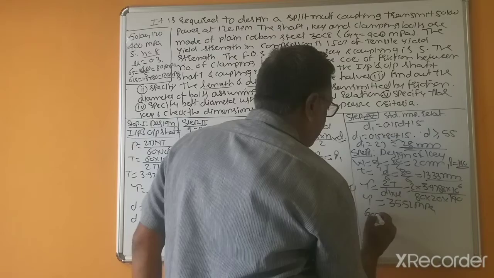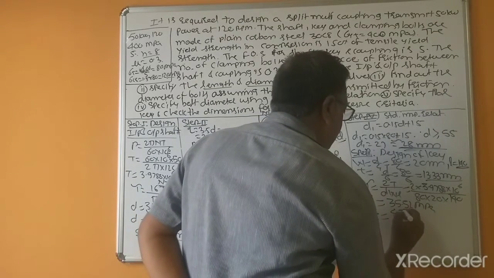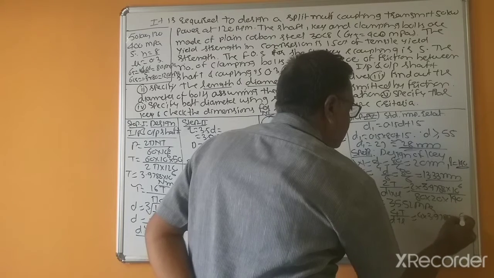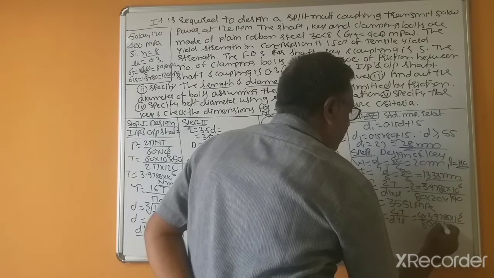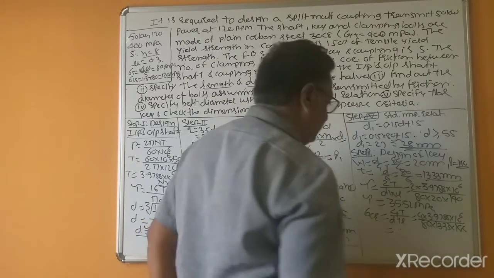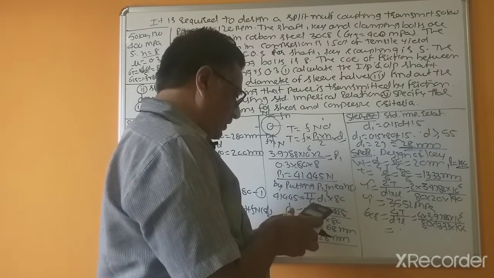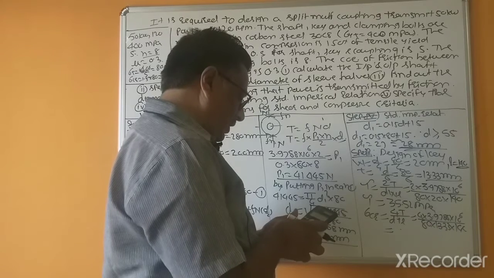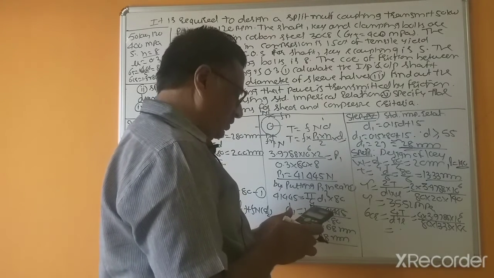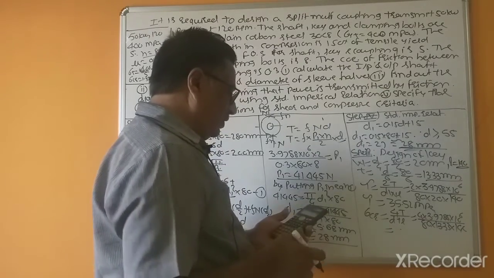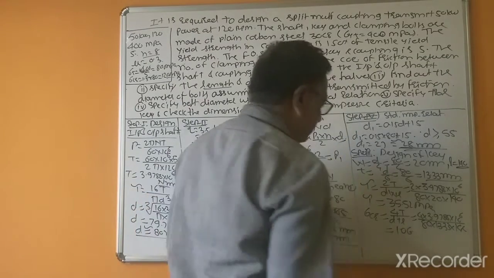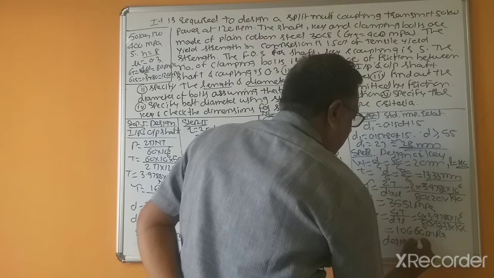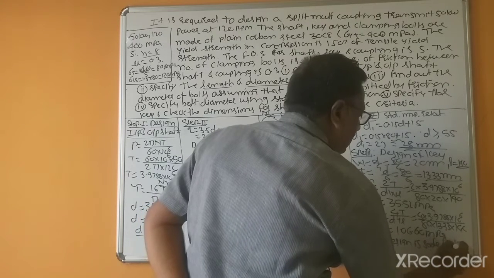And similarly for crushing stress, this is the formula 4T divided by DTL. 3.9788 into 10 to the power 6 multiplied by 4 divided by 80 divided by 13.33 and divided by 140, with length equal to 140. So I got 106.60 megapascals, means you can say the design is safe for the key.